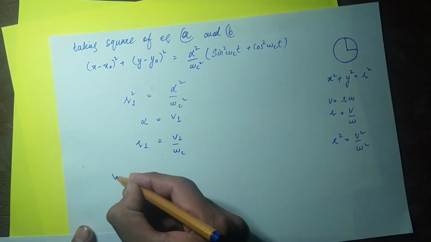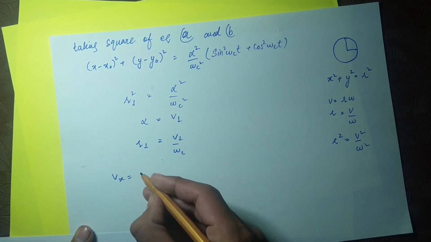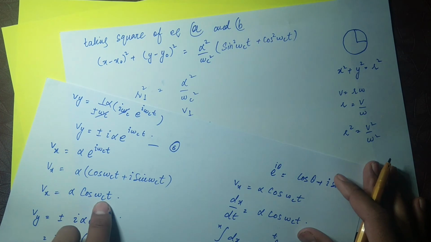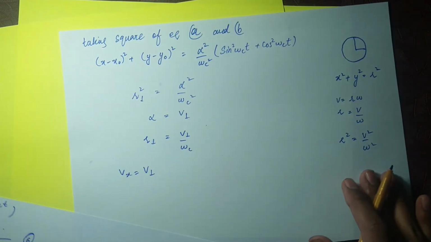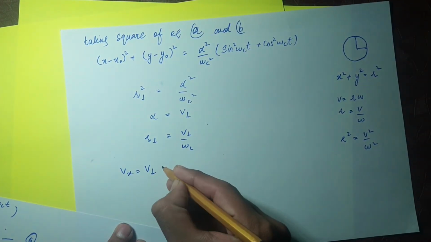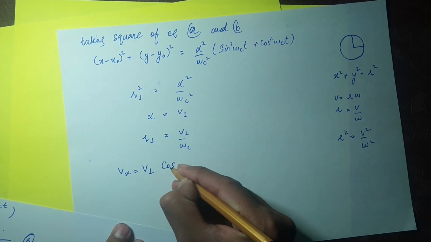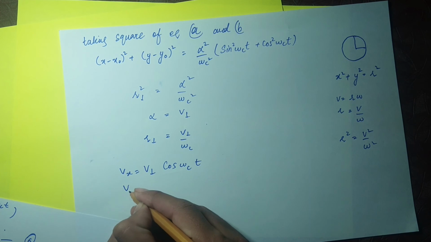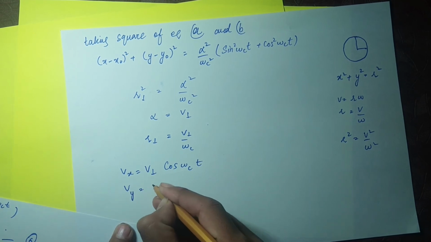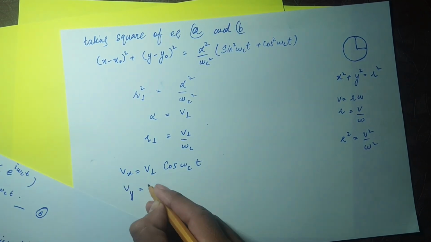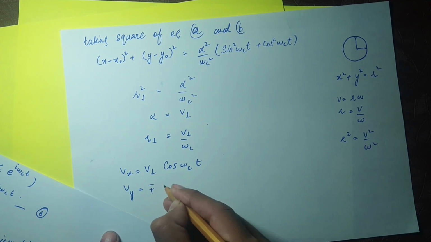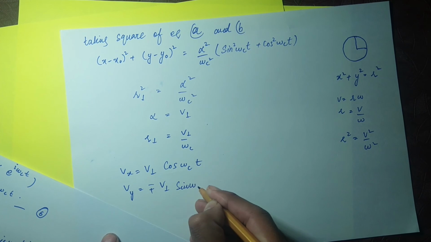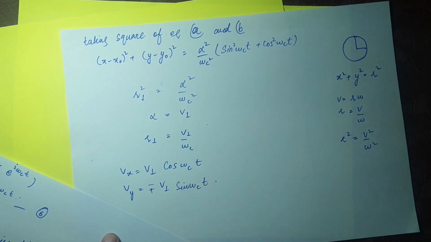So v of x will be equal to v perpendicular cos of omega c t, and v of y will be equal to minus plus v perpendicular sine of omega c t.